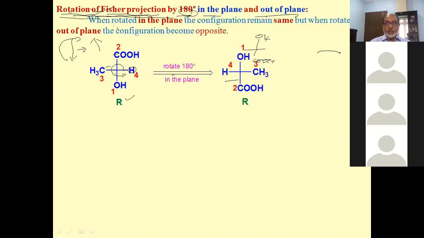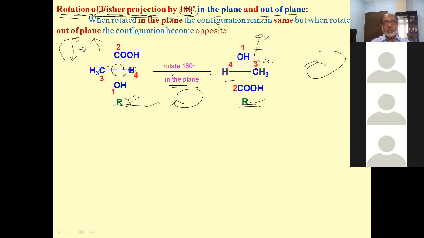That means complete rotation of the molecule. In that case, when you are rotating in the plane, R remains as R. If it is R here, this in-plane rotation will keep it R.